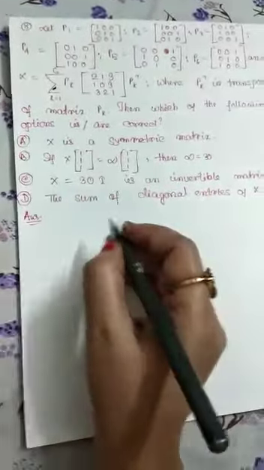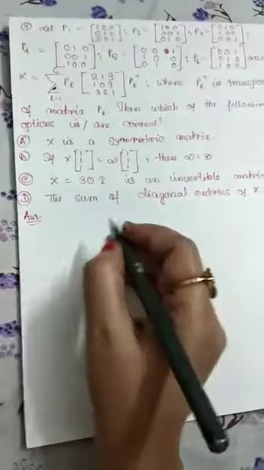That is P1 A P1 transpose plus P2 A P2 transpose, plus up to P6 A P6 transpose, and this whole thing transposed.